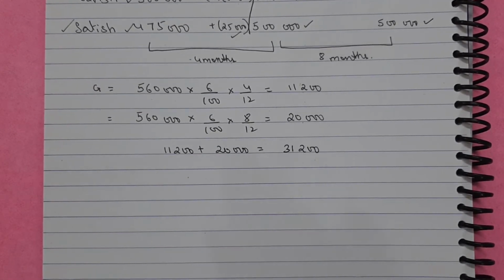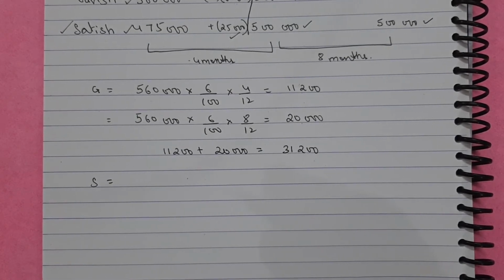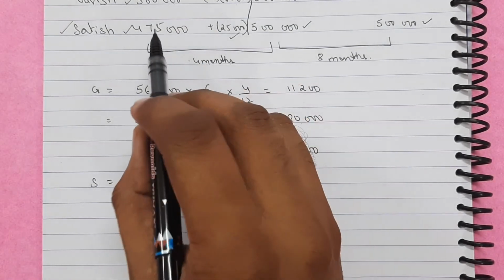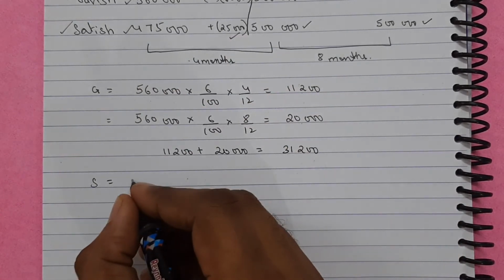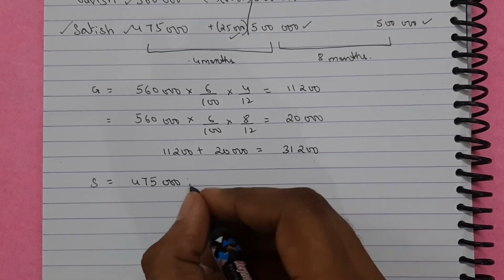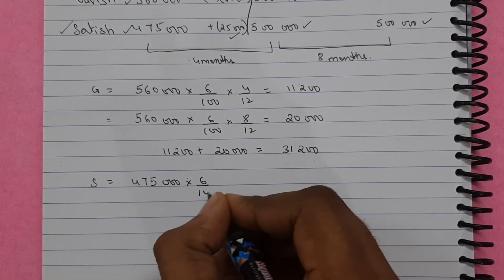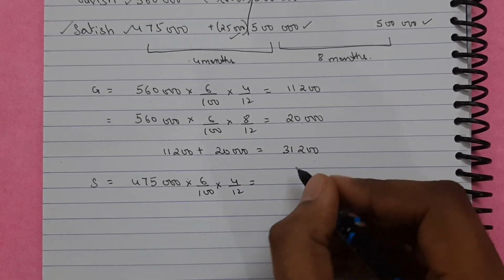Now let's see how we are going to calculate for Satish. Satish's interest on capital will be calculated in the same manner. From the beginning of the year till end of July, the value was 4,75,000. What's the rate? 6%. For how many months? 4 months. And we will get 9,500 over here.